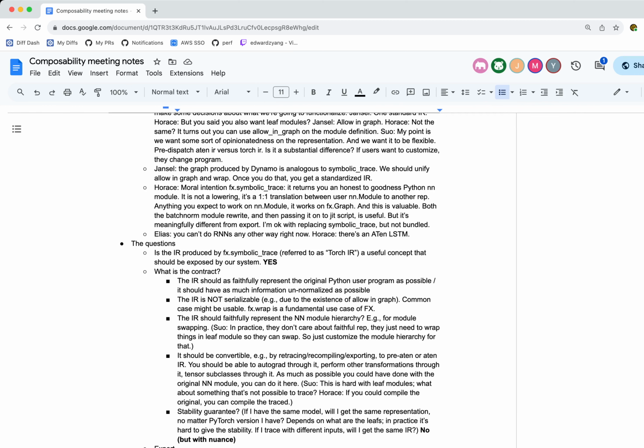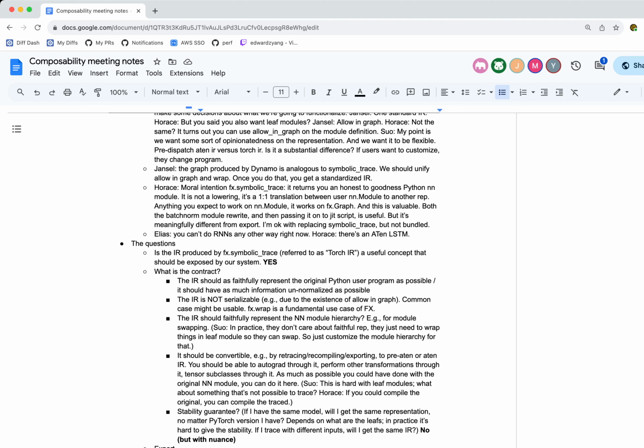Just a point of order, is torch.export.normalize the same as torch.export? If it's converting torch IR to pre-dispatch IR, I assume it's doing that by retracing. So torch.export would just call torch.export.symbolic_trace followed by torch.export.normalize, and so torch.export would just be two APIs combined into one API.